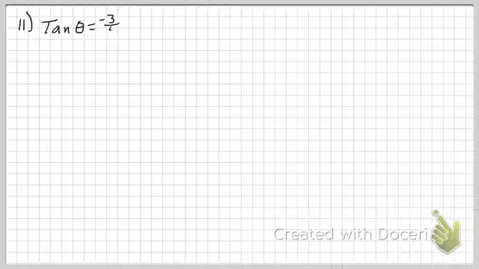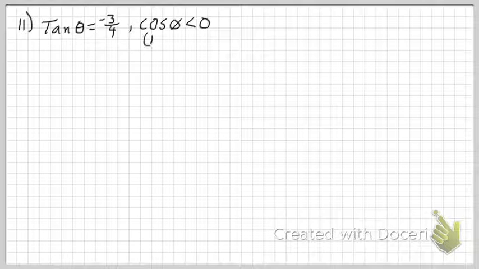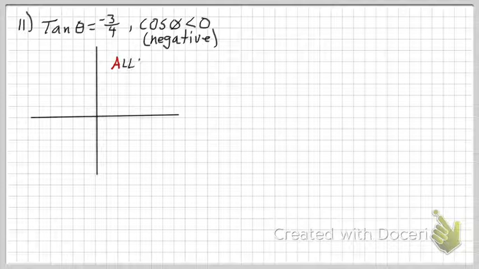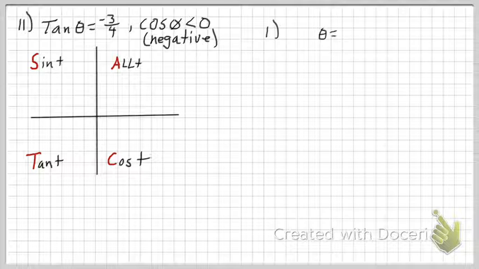Okay, let's see what else we're doing now. Okay, a lot of questions on this. All right, let's see what we're given. The first thing we have to do is figure out what quadrant theta is in. Well, I'm in a quadrant where the tangent of the angle is going to be negative, and the cosine of the angle is going to be negative.